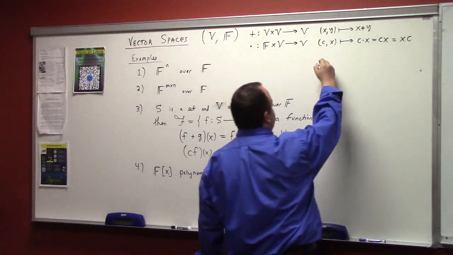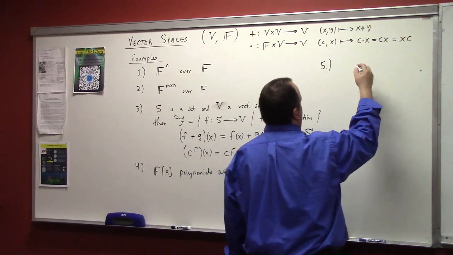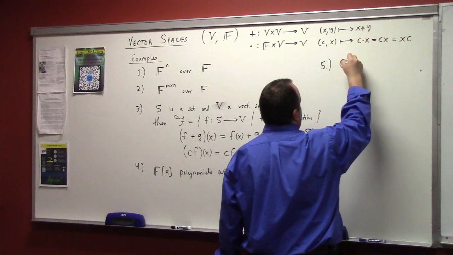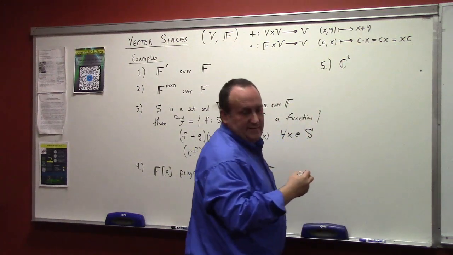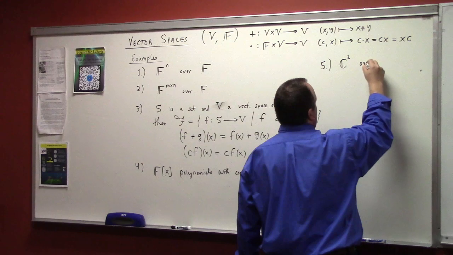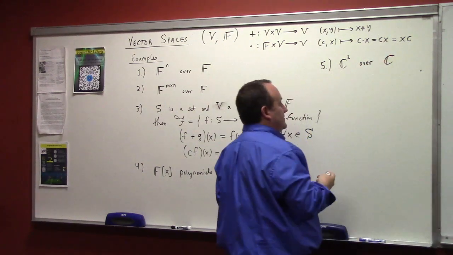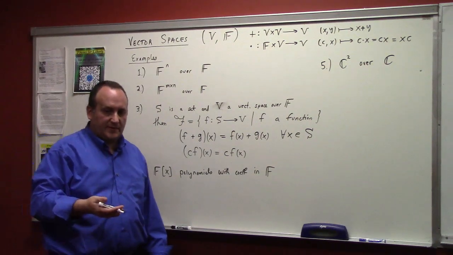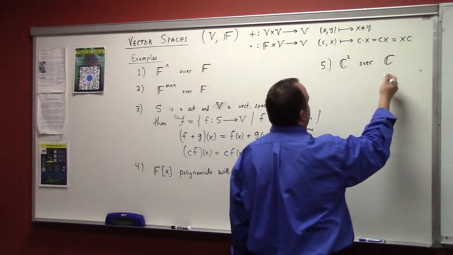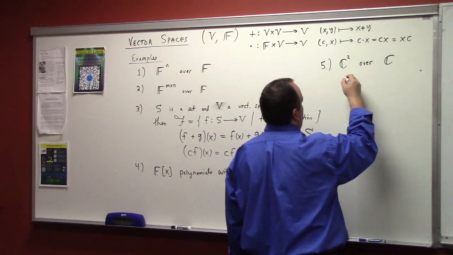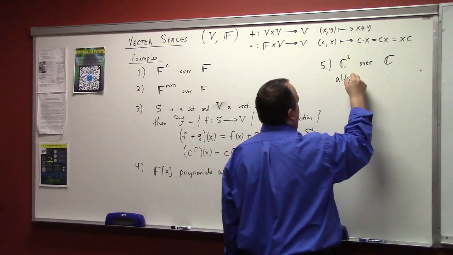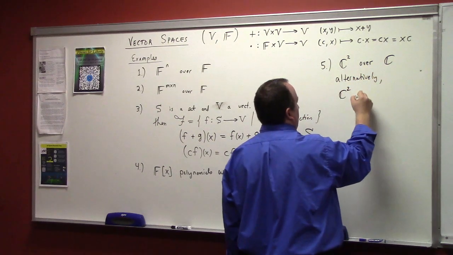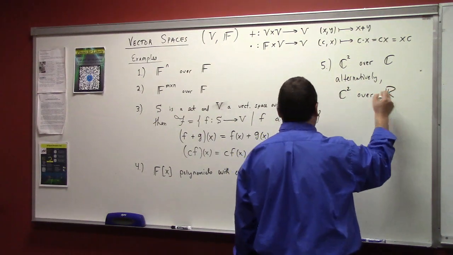Like for example, just to give a kind of specific example for a change here, I can talk about complex 2-space, right? And that is, of course, a vector space over the complex numbers. However, it's also a real vector space. So alternatively, we can look at C^2 over the reals, right?